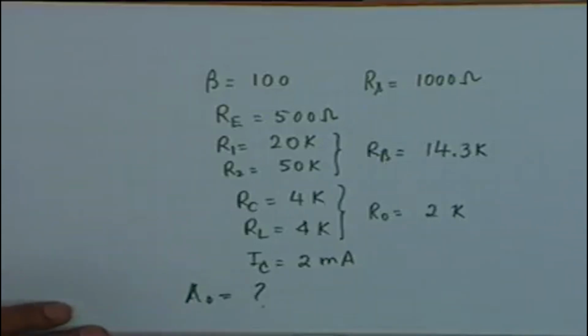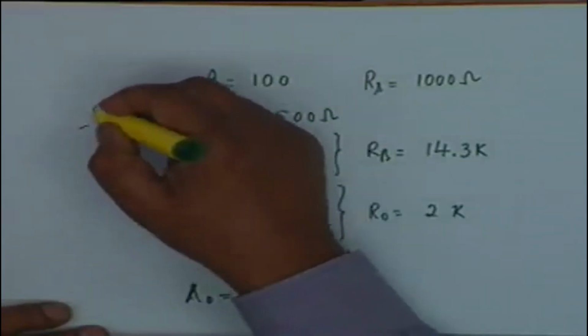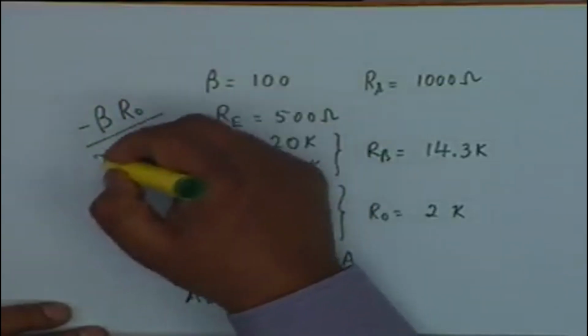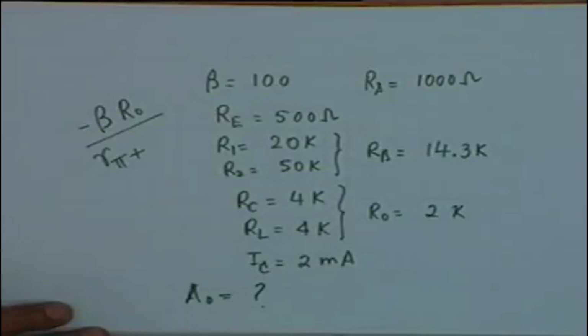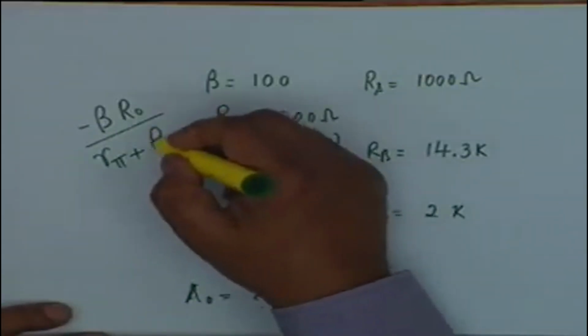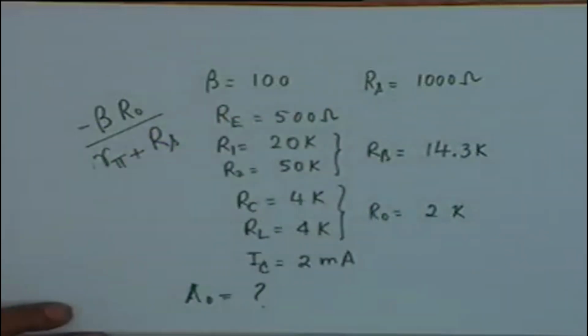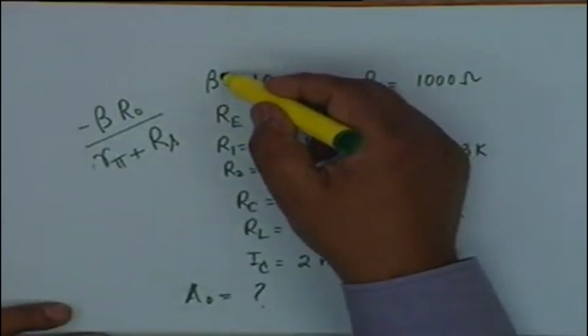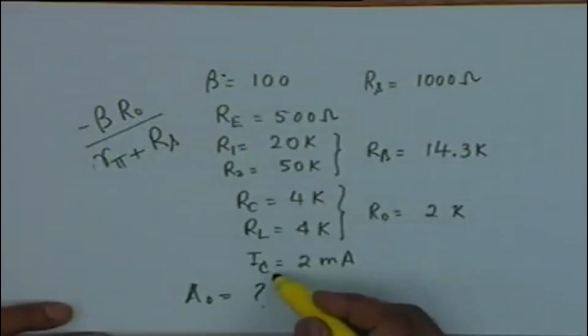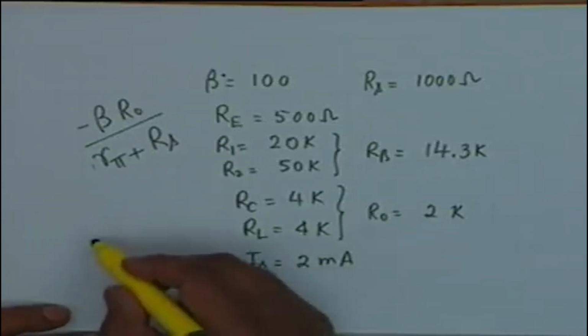Obviously, for mid-band gain calculation, minus beta R0 divided by R pi plus Rs, you understand the meaning of the minus sign, because the output voltage is out of phase with the input voltage. Therefore you need the value of R pi. We have been given the value of beta, and we know what I sub C is, the quiescent collector current, and therefore we can calculate the value of Gm.